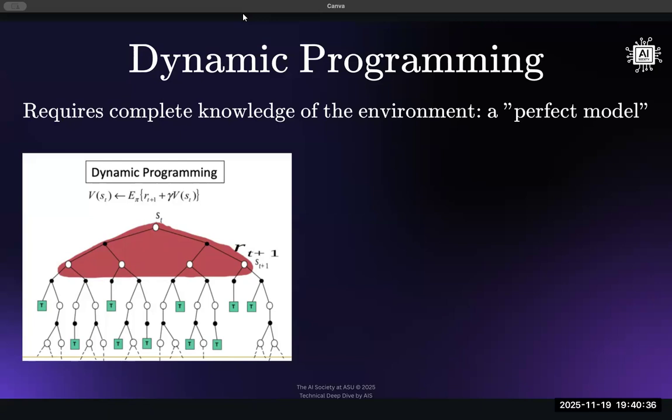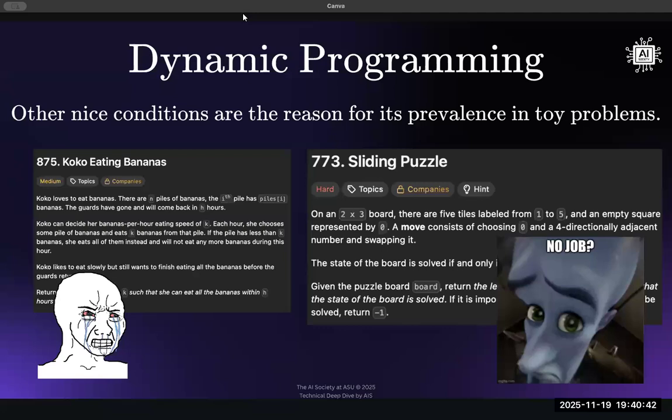And perhaps you might know dynamic programming from, if you're a computer science student, you have to prepare for interviews. So like coding interviews, you have to prepare for dynamic programming problems. And the reason that there's so many of them, perhaps, is because whoever creates these problems, you have to make a perfect model for them to work.